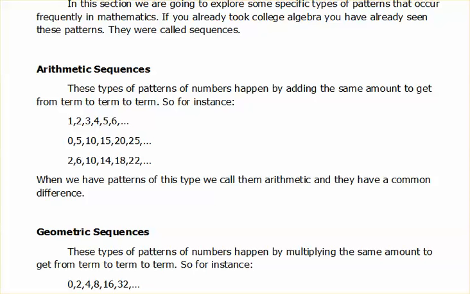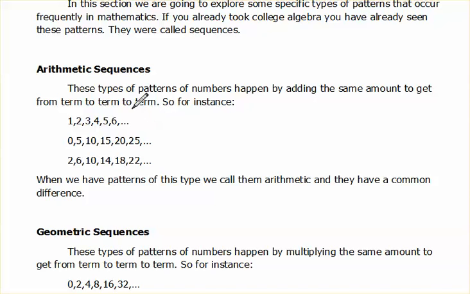So arithmetic sequences, these types of patterns of numbers happen by adding the same amount to get from one term to the next, to the next, to the next. So I put a few examples out here. For instance, this very first sequence here is 1, 2, 3, 4, 5, 6, and on and on and on.